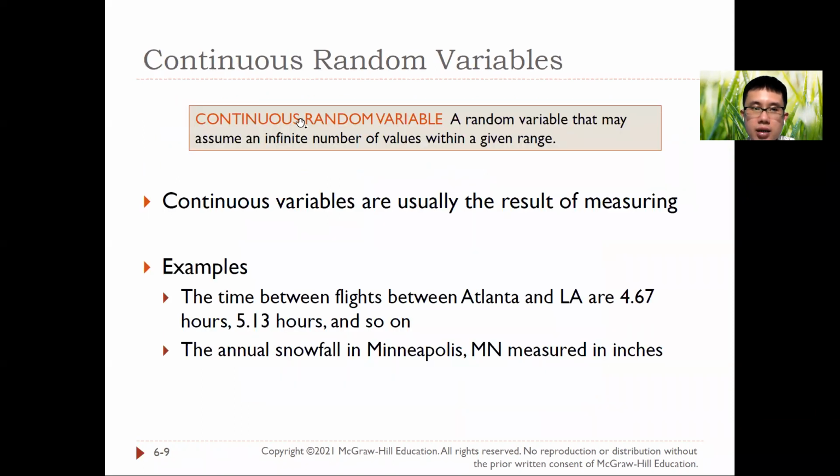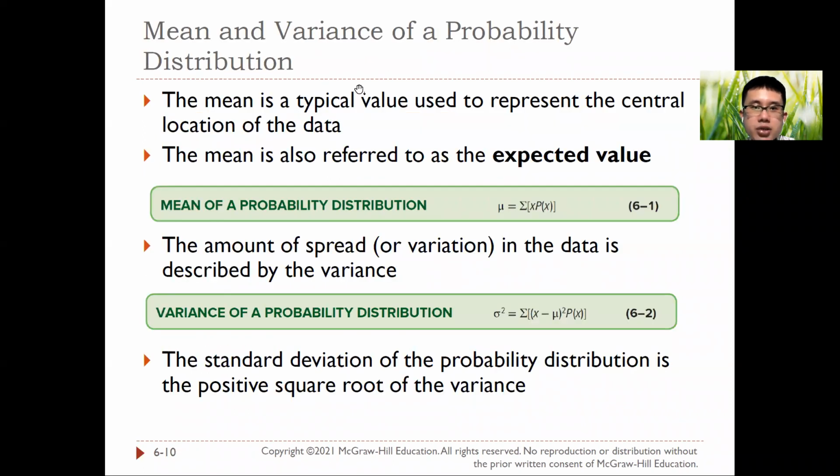And then we introduce two quantities here, the mean and the variance of the probability distribution. Here there is a note: these two formulas are used for discrete, so this is only for discrete, because if we talk about continuous random variable, the formula is different.